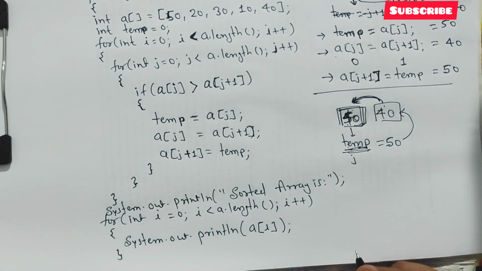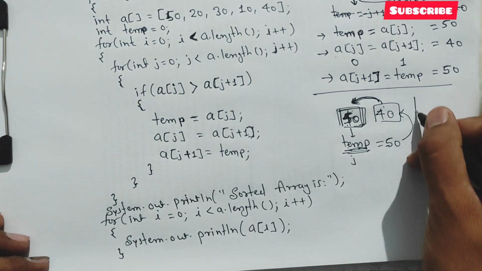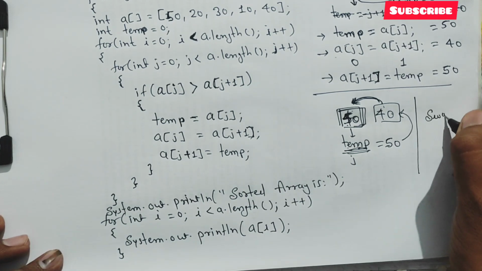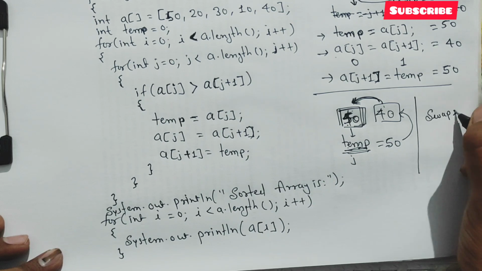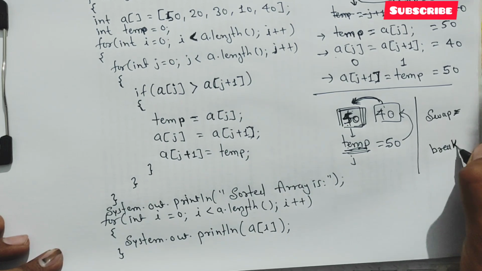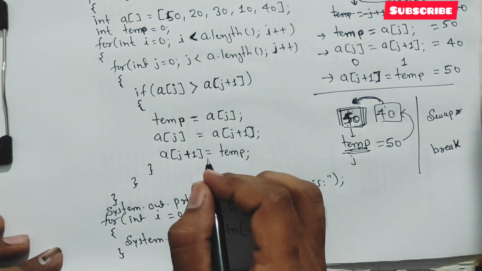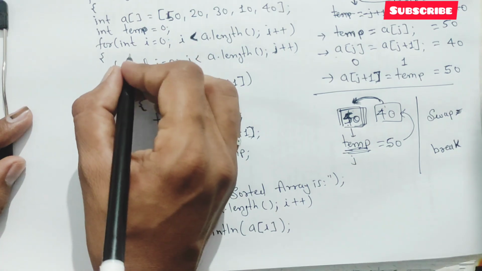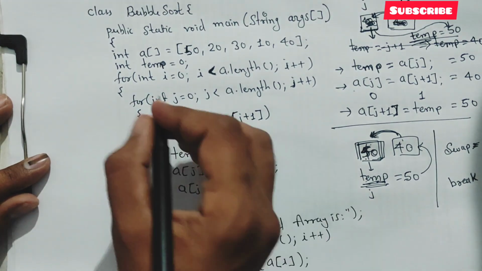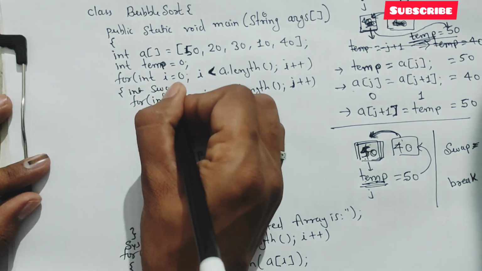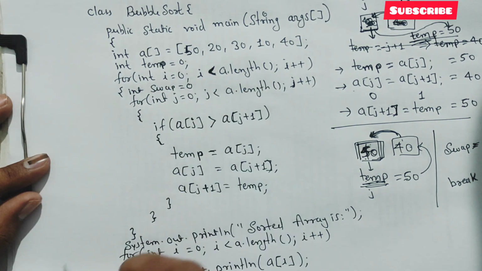One more thing we can do: as you know, if suppose no swapping is done, then we will break both the loops in the complete iteration. So in each iteration, in the first loop, there is a swap variable, swap equals 0.